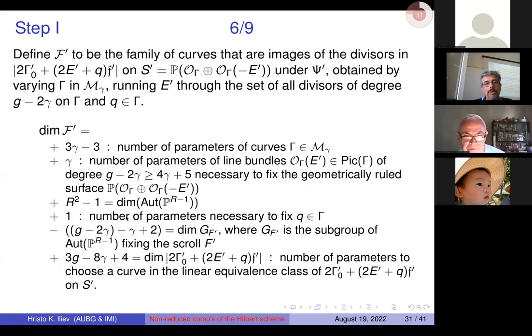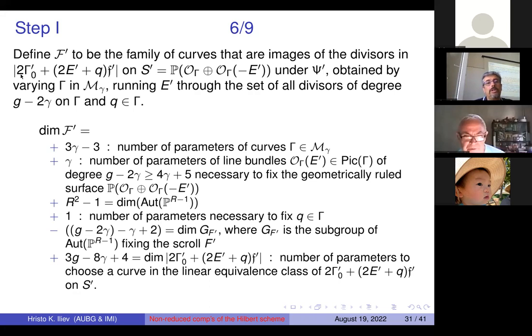And more importantly, we can compute the dimension of the family of such curves that we find on the cone F prime. How does the computation go? If I denote by F prime the family of curves that are the images of the divisors from this linear series, this is the linear series induced by C prime, and it is 2 gamma prime naught plus 2 times C prime plus Q F prime.